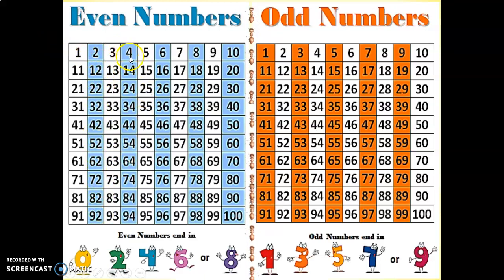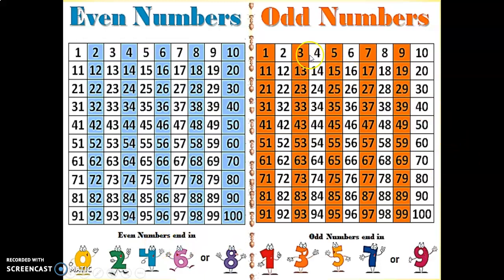Here, from this column, all of the numbers end with the number 4. Here, every number ends with number 6. For this column, every number ends with number 8. And for this last column, each of them end with the number 0. These columns in color blue give you examples of even numbers.